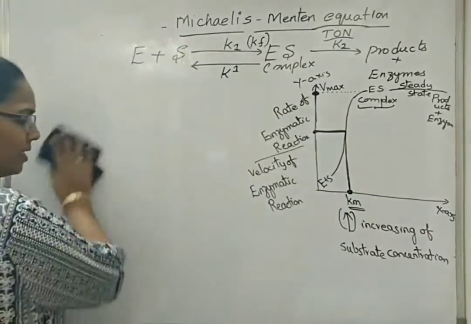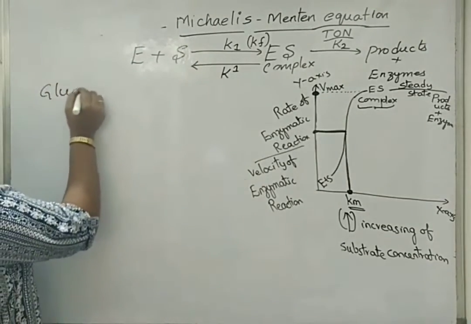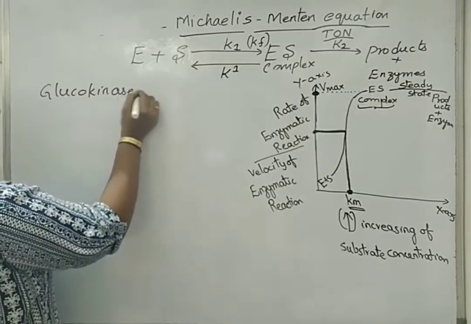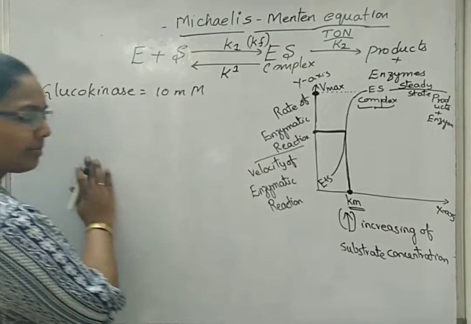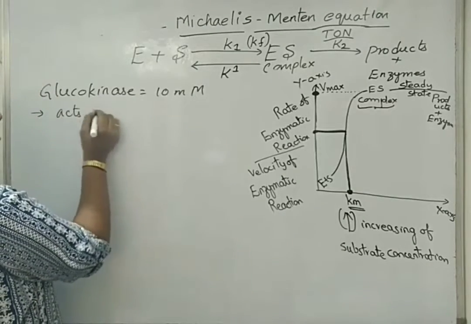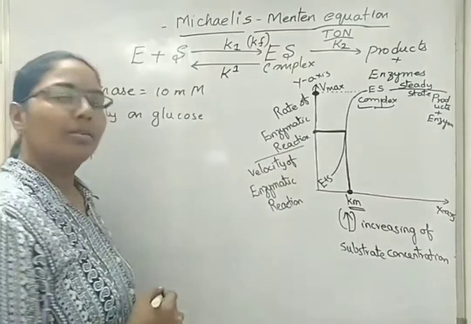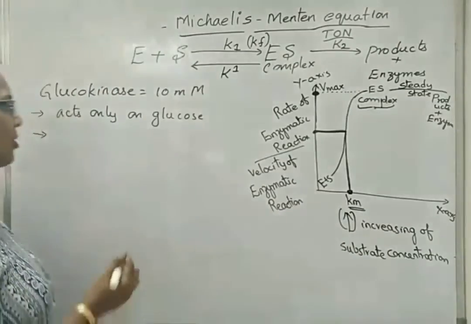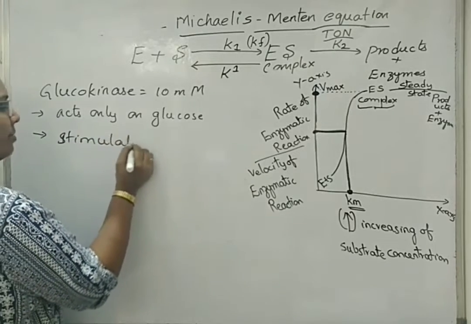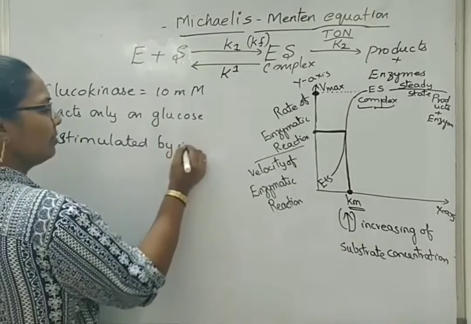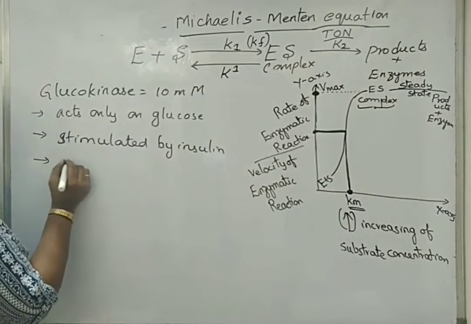We will see some of the points regarding glucokinase and hexokinase. Glucokinase: its Km value is 10 millimolars. Next, it acts only on glucose. Glucokinase is stimulated by insulin. Next, where is the location of this glucokinase?